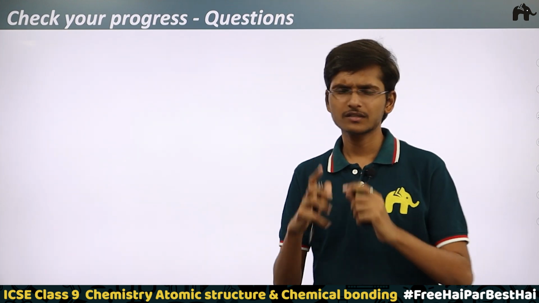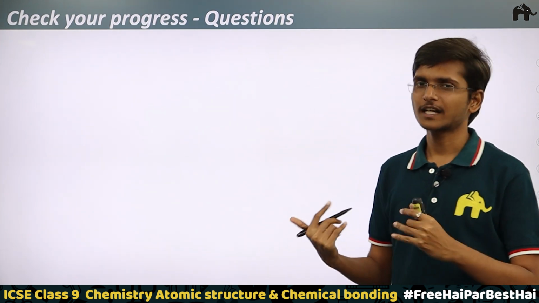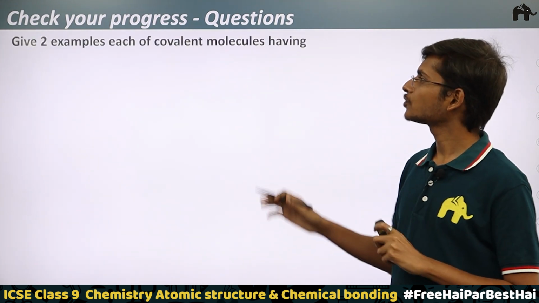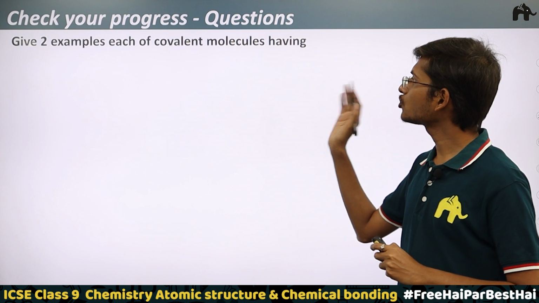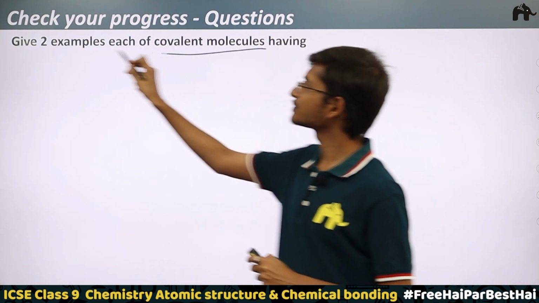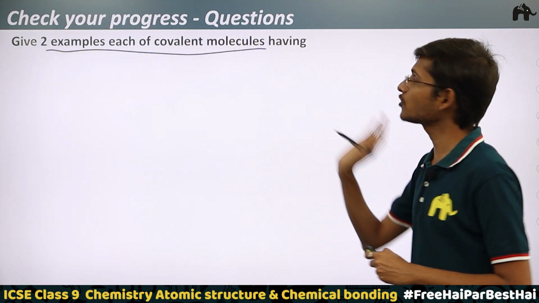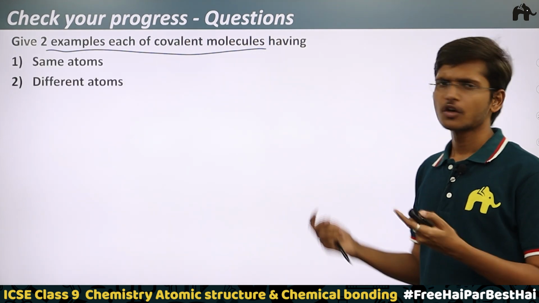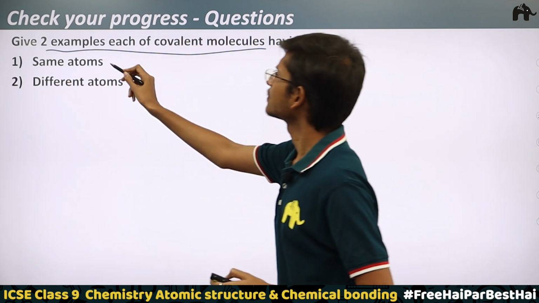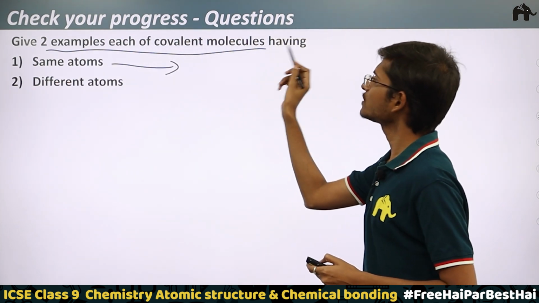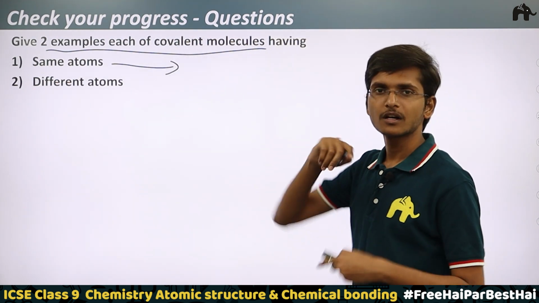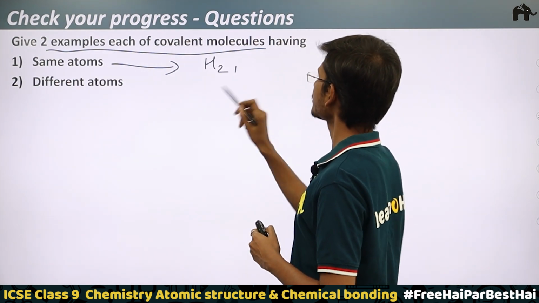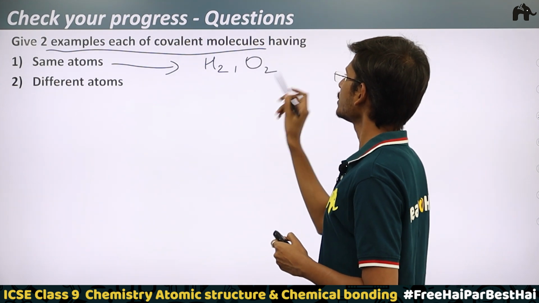Very simple questions, so that you get an understanding of what all we have studied. Give 2 examples each of covalent molecules having the same atoms and having different atoms. For covalent molecules having the same atoms: H2 molecule, Cl2 molecule, or H2 molecule, O2 molecule.